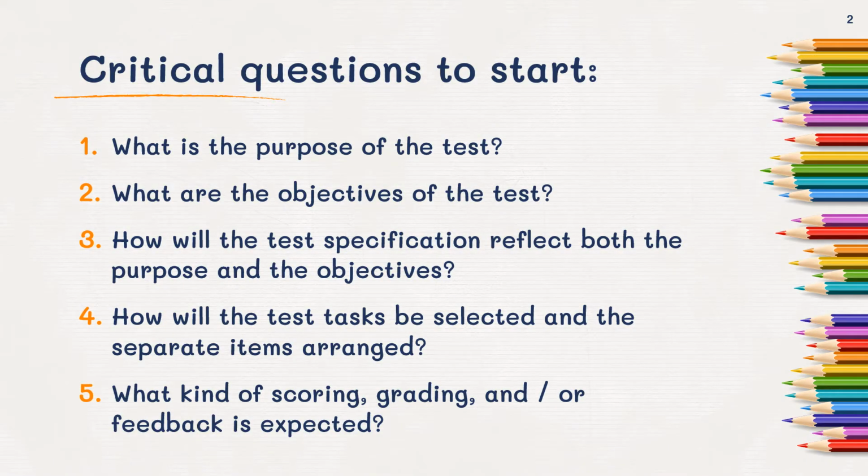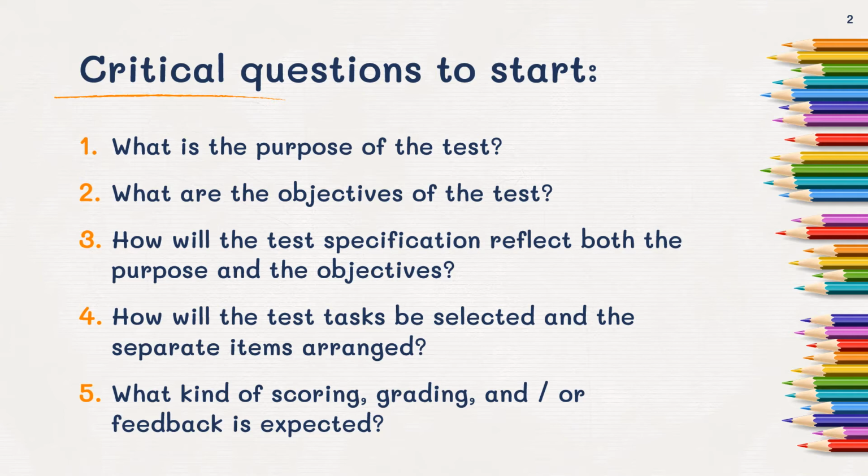So these are some critical questions to start before we design the classroom language test. The first one is about what is the purpose of the test, and then we need to understand what the objectives of the test are, and then how the test specification will reflect both the purpose and the objectives.